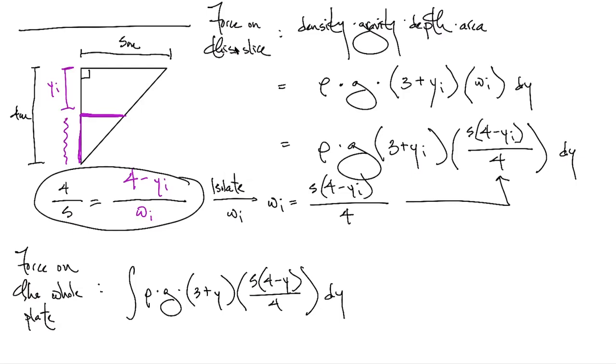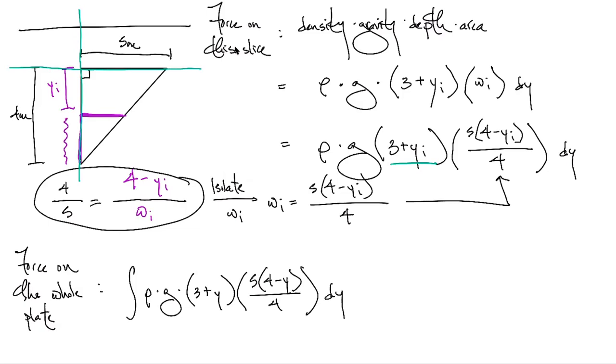0 to 4. Okay. So that's a really good thing to bring up, because the bounds that we have could be different depending on how we set up our integral. Because I originally said 3 plus y sub i, I'm almost taking this and this as my coordinate axes.